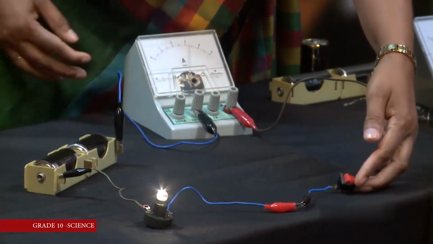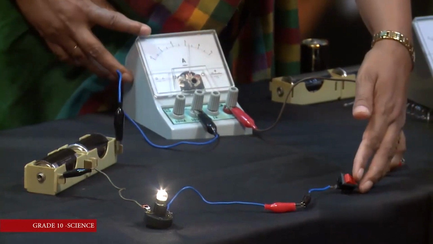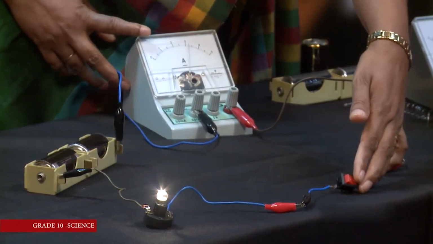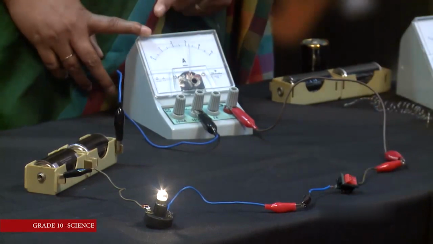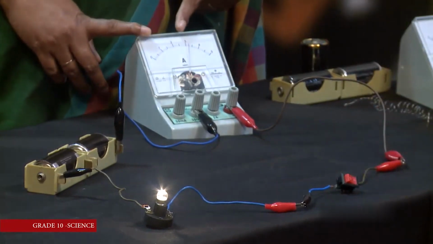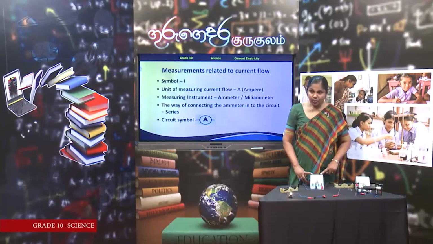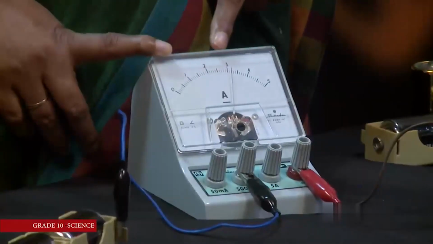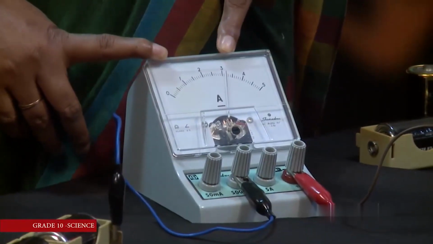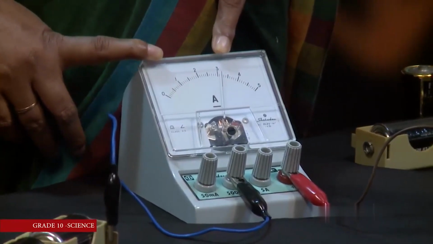Here you can see when the switch is on, the bulb is lighted and the indicator of the ammeter deflects. By this, we can understand that there's current flowing through the circuit, and by the reading of the ammeter, we can get the current flow.